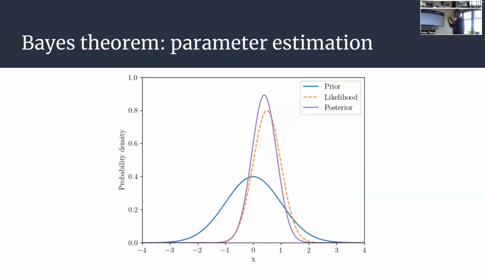And in this particular case, let's say the likelihood is peaking around 0.5 with some width. The idea of Bayes' theorem is that with a prior and some observation through the likelihood, we update our belief on the parameter itself.